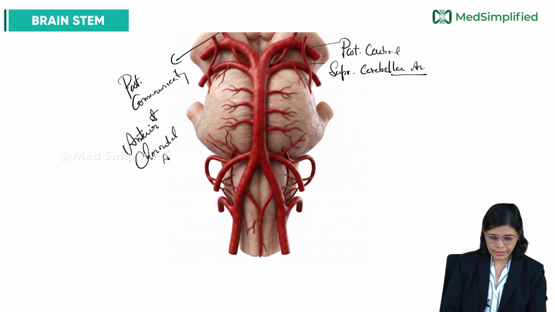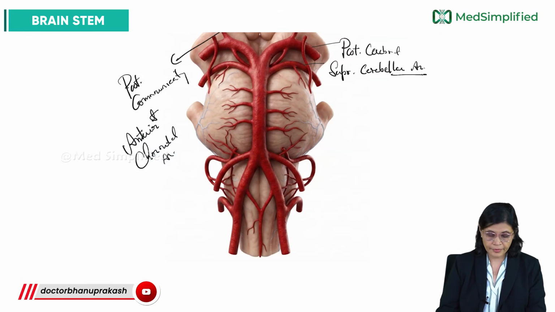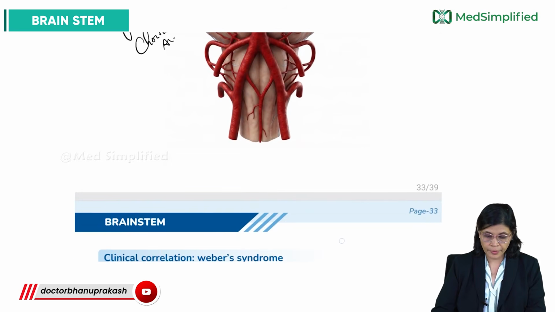These are the arteries which will be supplying the midbrain. Venous drainage is mainly into the basilar vein and the great cerebral vein.